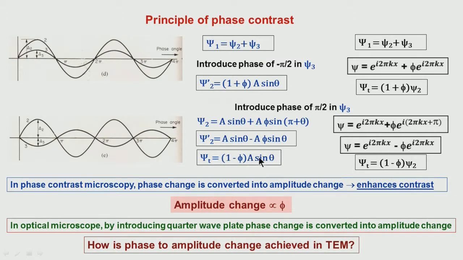This way we can convert the phase difference which has come in as a result of scattering into an amplitude difference. So this amplitude change is directly proportional to phi. This is how it is done in the case of an optical microscope.